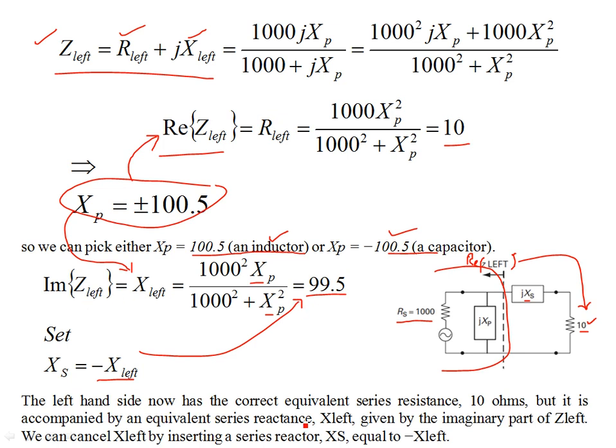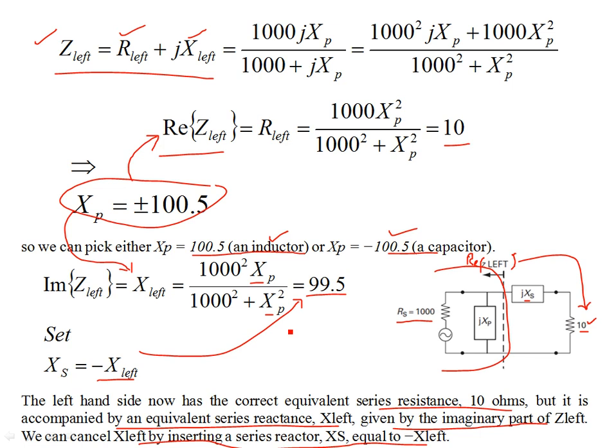Okay, so the left hand side has a correct equivalent series resistance of 10 ohms, but it is accompanied by the equivalent series reactance X left, given by the imaginary part of Z left. So you can cancel this by inserting a series reactor which is equal to the negative of X left.